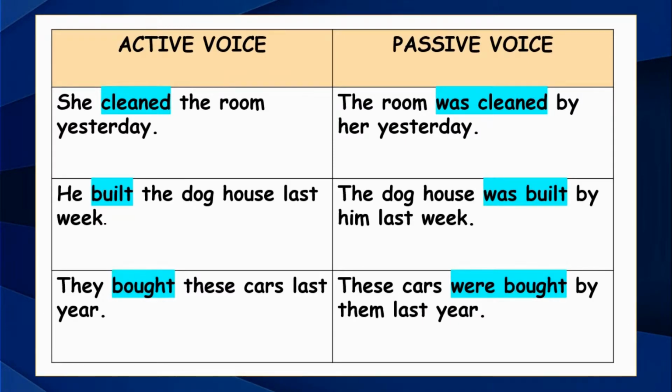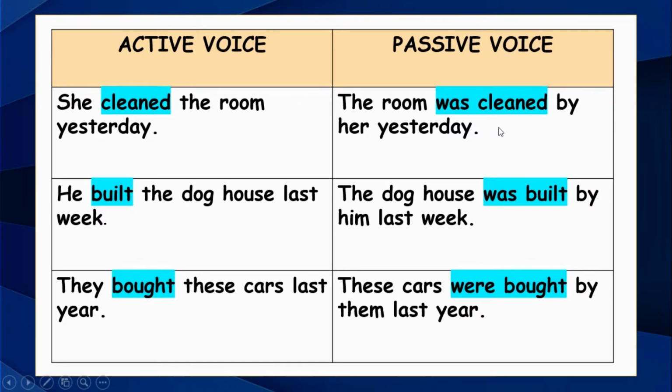Observe these sentences. She cleaned the room yesterday. Simple V2. Now look at its passive voice. The room was cleaned by her yesterday. So the object, the room, has become the subject of passive voice. Okay, and cleaned, was is added to V3.